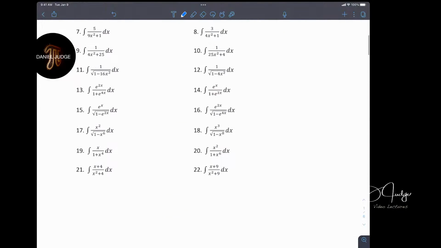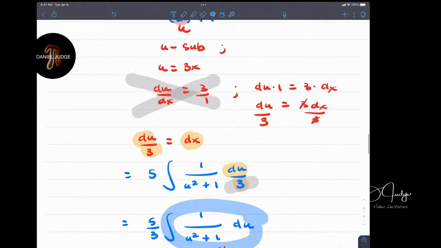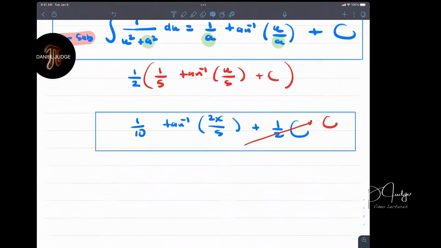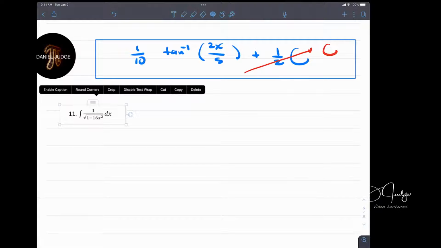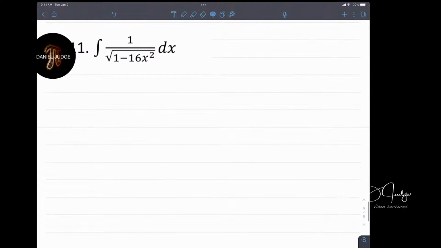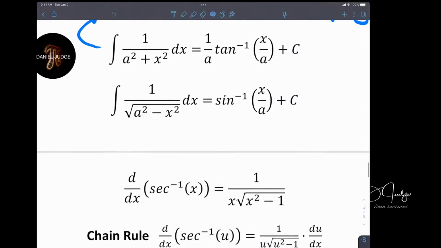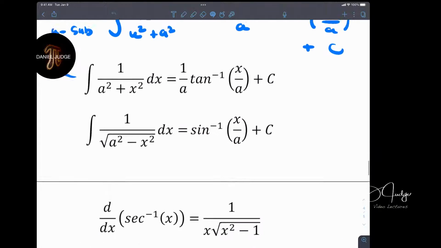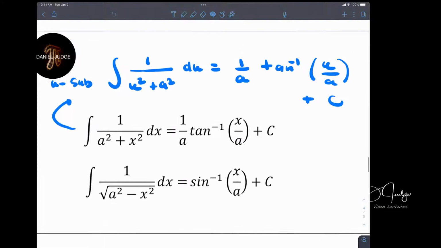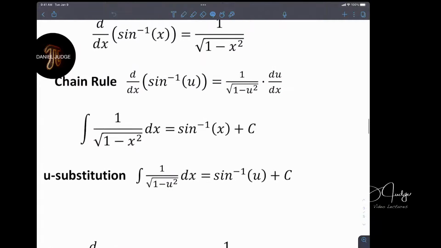Number 11. Now notice this one here. If I go back to the formula sheet, we might want to look for something we can use here, right?